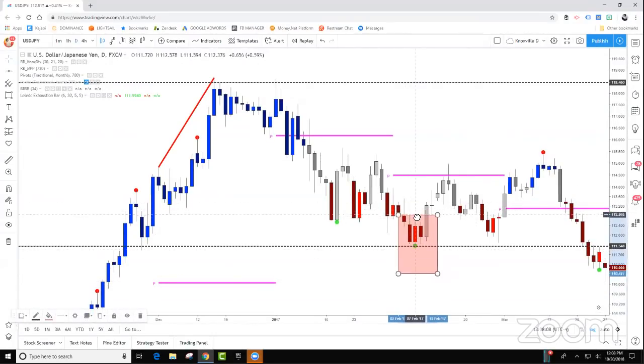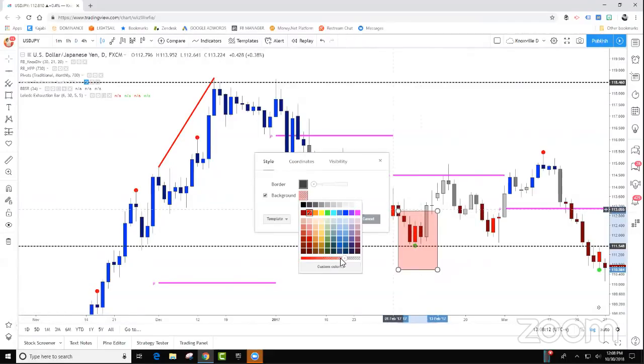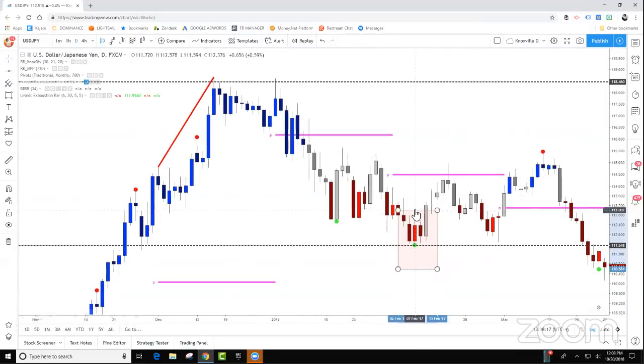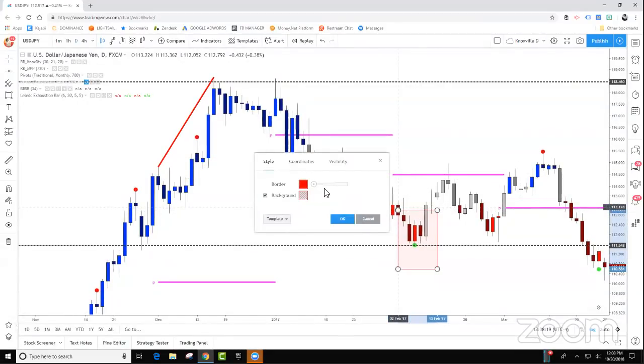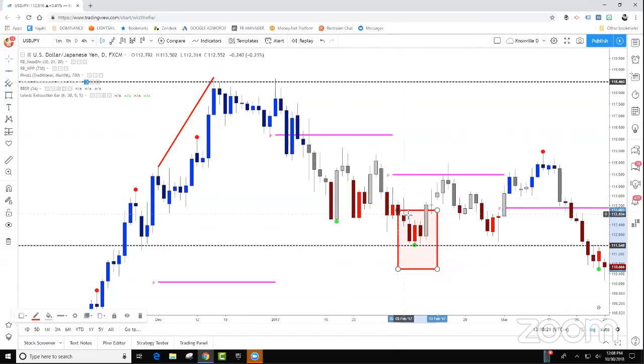And in this situation here, where the box is overlaid on top of the price action, maybe we ignore this one. I'm going to color the border of this red so we can really see where we're looking. Okay, so maybe we set the trade up, but it never really breaks lower, and so we ignore it.